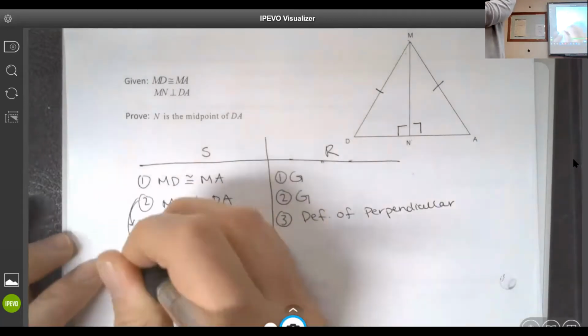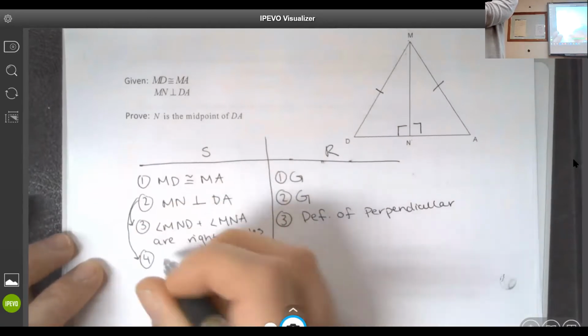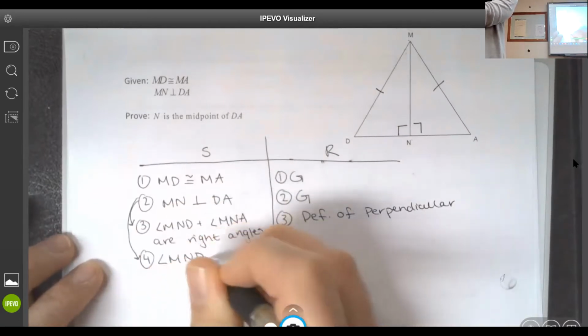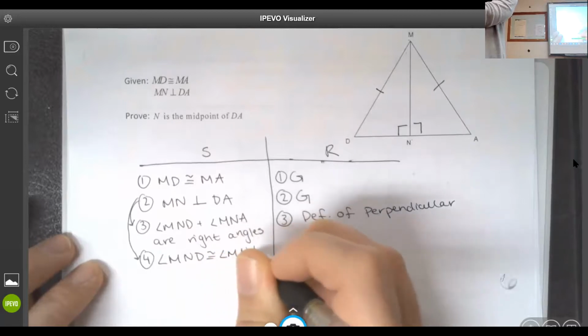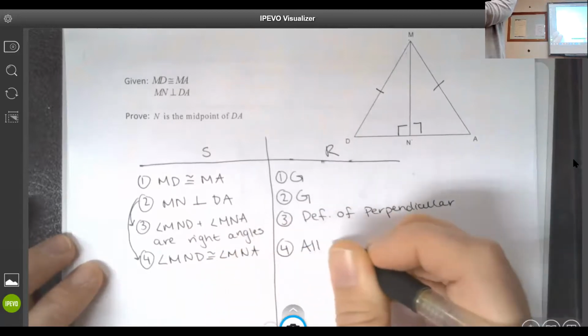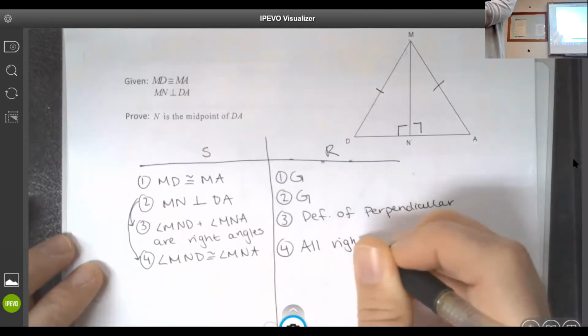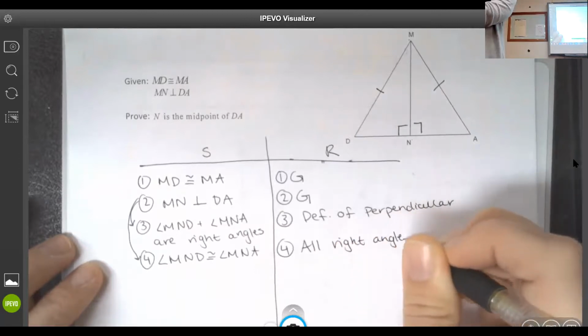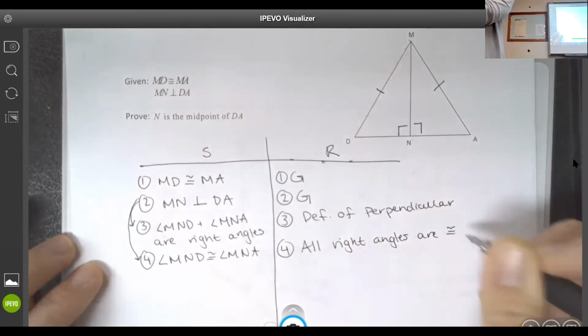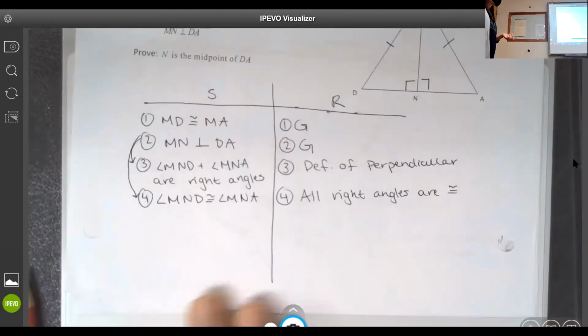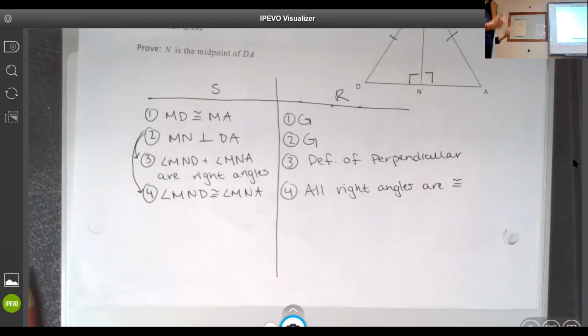So I follow perpendicular with two items where I then say, well, okay, so then those angles are congruent because all right angles are congruent, meaning they're all congruent to each other. If they're both right angles, then they are equal to each other. Okay, those are double follow-up for perpendicular. So there are my givens.